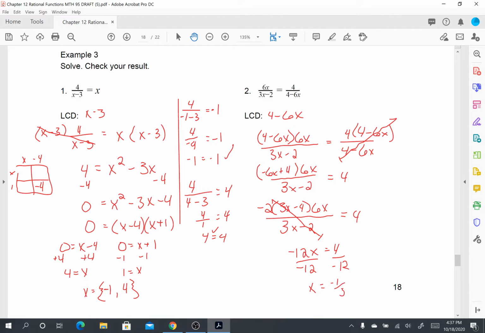Okay. Let's check it. 6 times negative 1/3 over 3 times negative 1/3 minus 2 equals 4 over 4 minus 6 times negative 1/3.